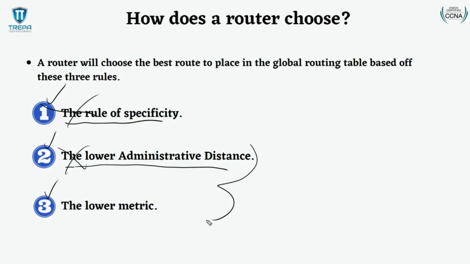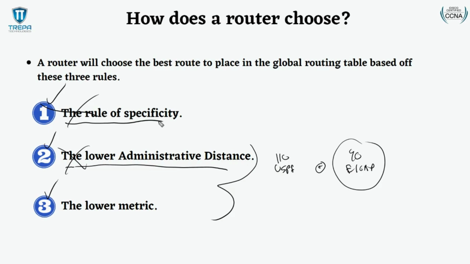These two rules are easy to understand, I think. If you're learning about OSPF, which has an administrative distance of 110, and EIGRP, which has an administrative distance of 90, it's going to pick EIGRP. But we have this first rule here that trumps everything, the rule of specificity. So what is that?